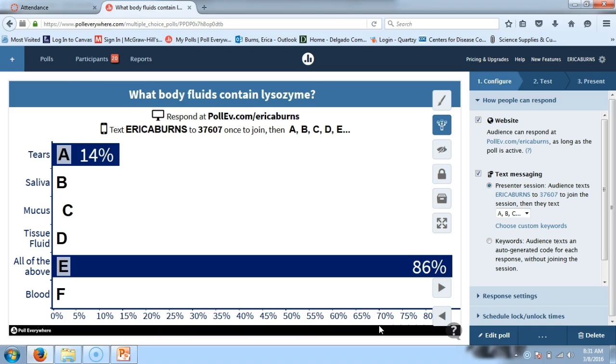So anybody read ahead? Do you know what lysozyme does? Yeah, it causes cell lysis of bacteria, typically because what does it attack that's found in most bacteria? It's part of their cell wall. Peptidoglycan. This is an enzyme that digests peptidoglycan. So it makes sense that it would be in our tears, in our saliva, in the mucus that we produce, in our tissue fluids even, and in our blood.